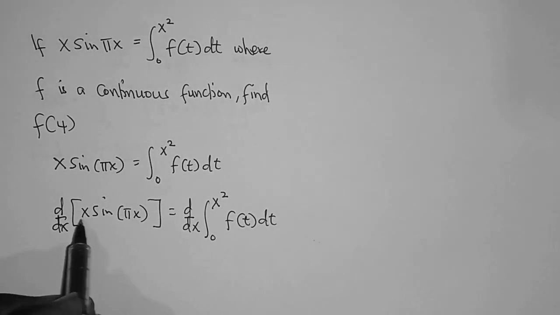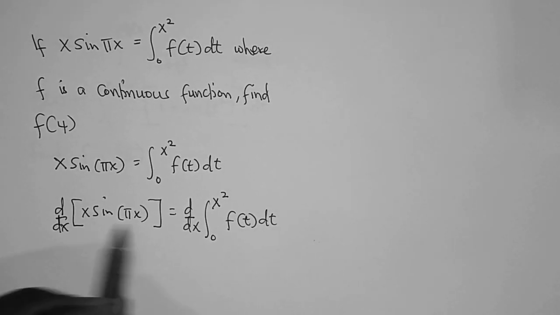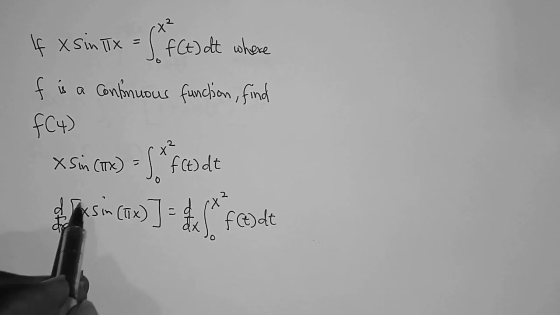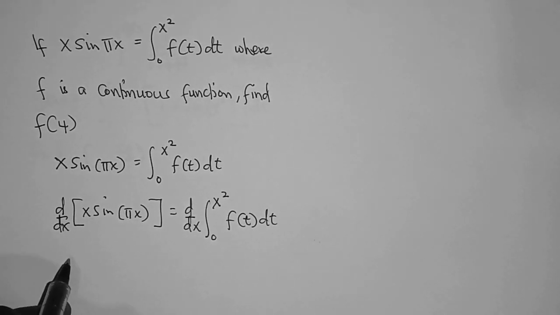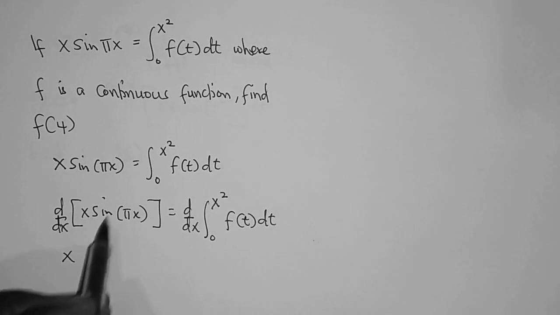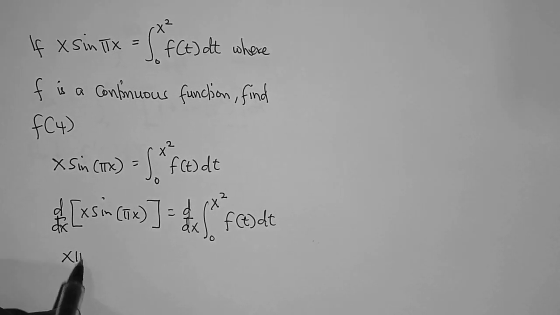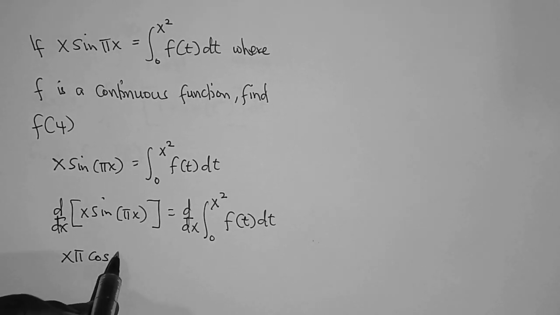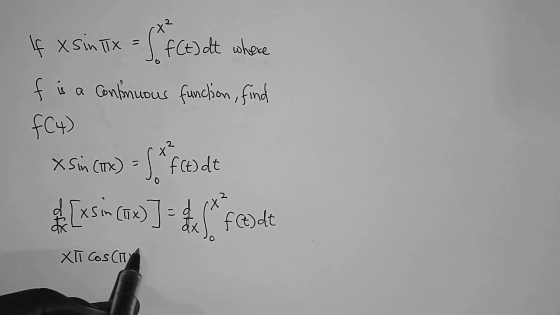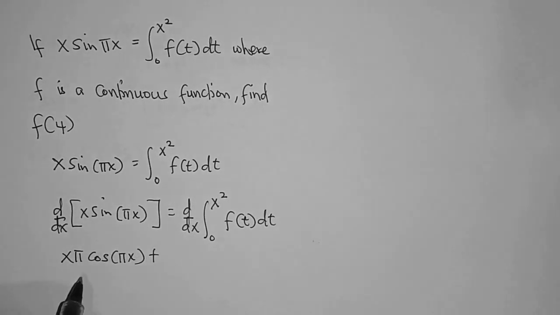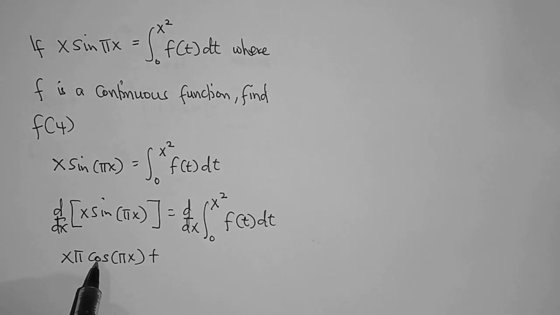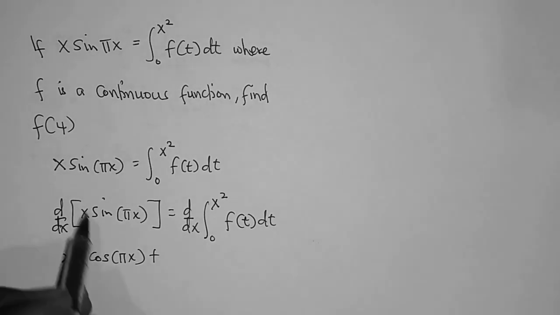So now you see that this is a product of two functions. So you keep x constant, then you differentiate sine pi x. So you are going to get pi and then cos pi x. Then you add the two. You keep sine pi x constant, then you differentiate x. If you differentiate x, you get 1.